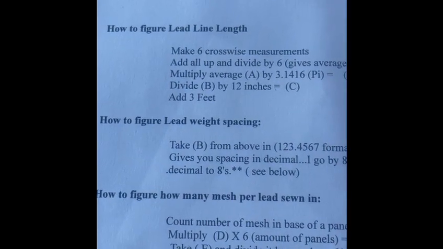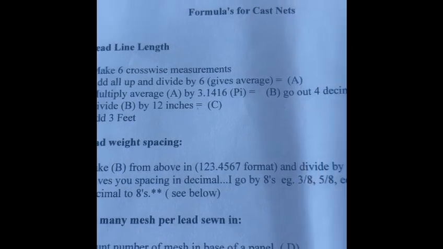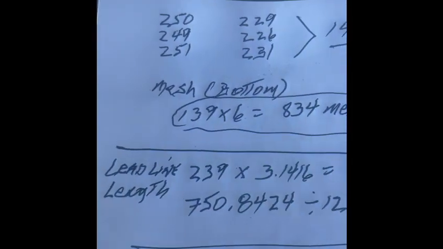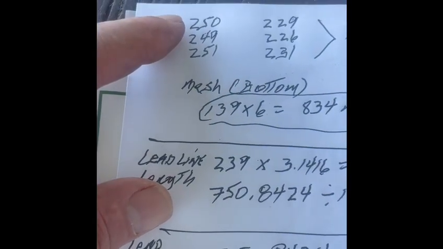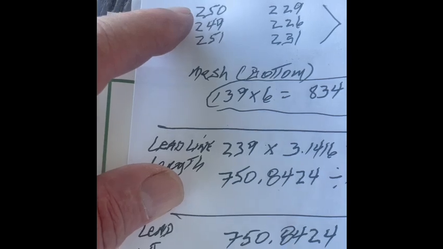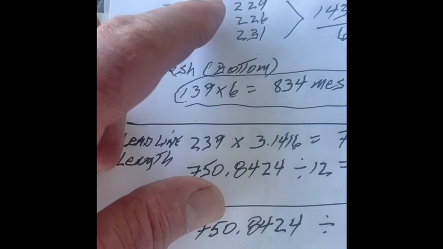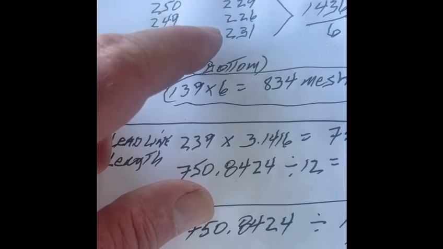First thing we're going to figure out is lead line length. And let's look at the measurements. This was on the seam side of the panel: 250 inches, 249, 251. This was in between the panels: 229, 226, 231.